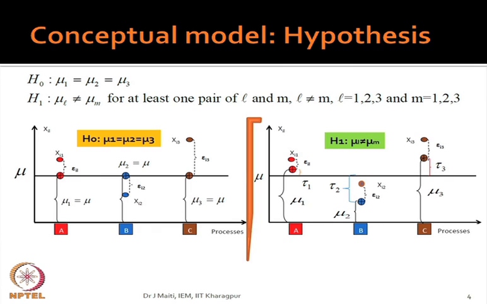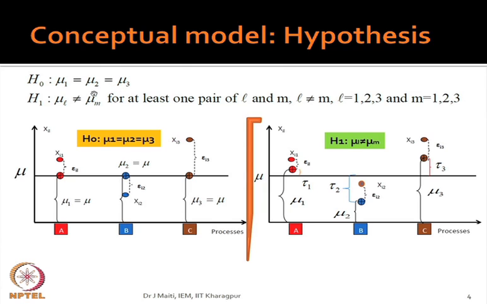Then we will use, as I told, ANOVA, which uses two hypotheses, one is null hypothesis and alternative hypothesis. What does null hypothesis say? Null hypothesis says that there is no mean difference.